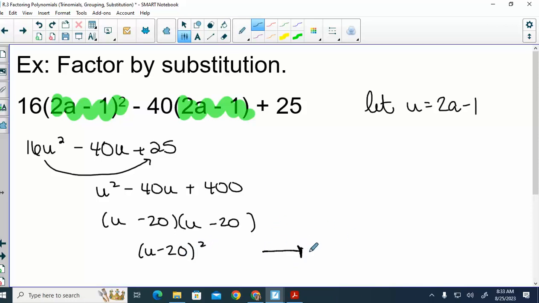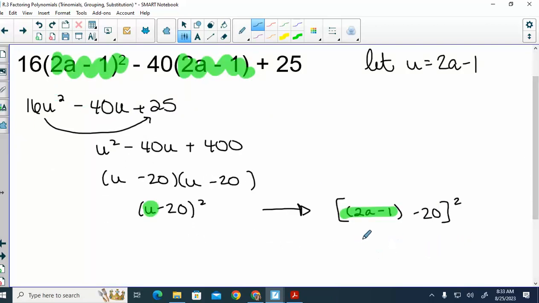But what did we replace the u with? 2a minus 1. I'm replacing this u. So we get 2a minus 21 squared.